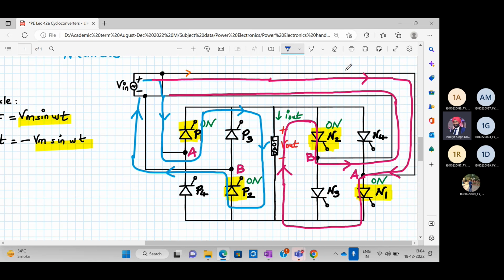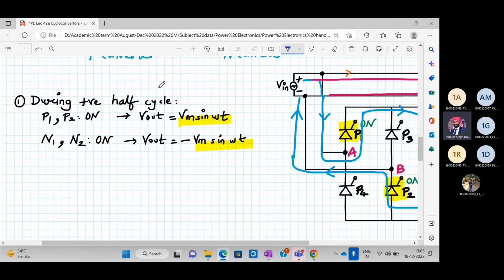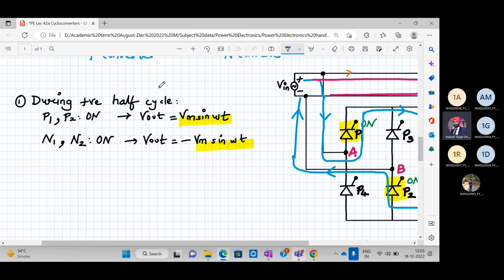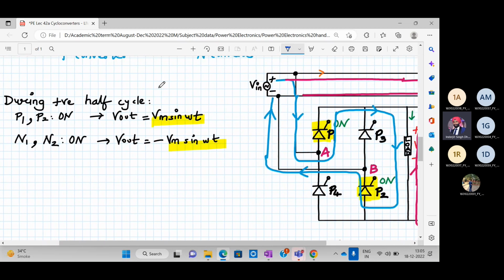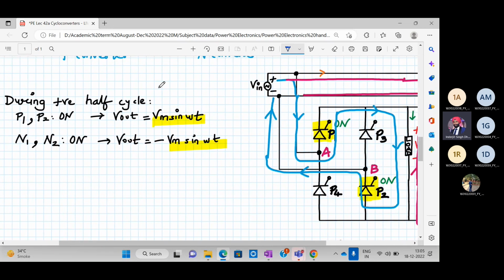It will go from this point, then come to N1. N1 is forward biased, and you apply the trigger pulse also. Then it flows to the load. See, the direction is opposite, so V out will be minus V in sine omega t. Then N2 will turn on, and then back to the negative part of the supply. Simple to understand. So over here, two SCRs are turning on, P1 and P2, and N1 and N2. So the output of the P converter is Vm sine omega t, and the output of the N converter is minus Vm sine omega t.